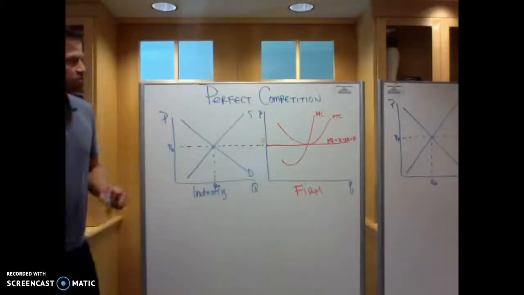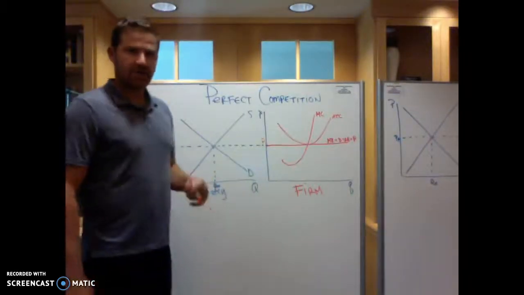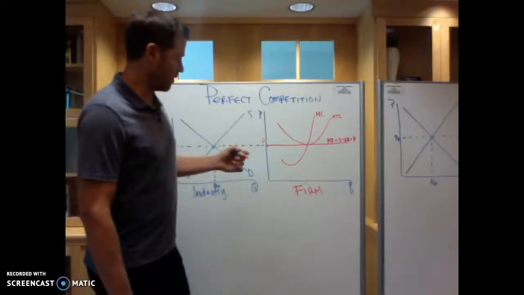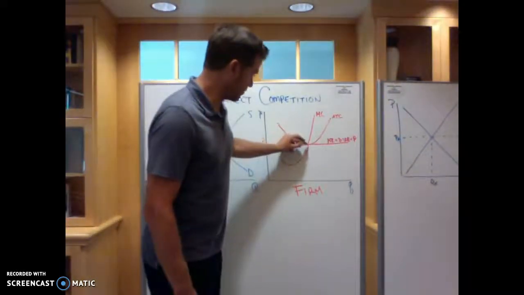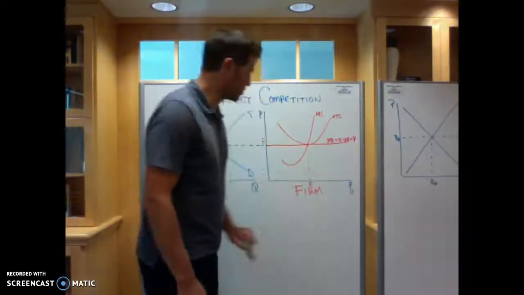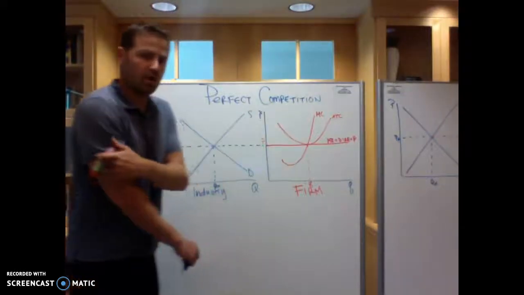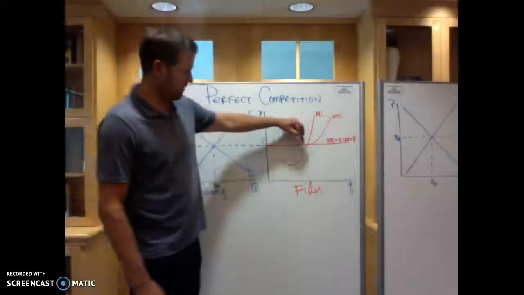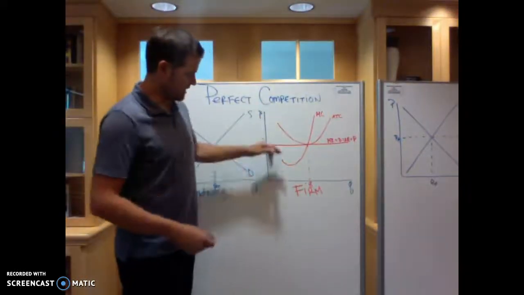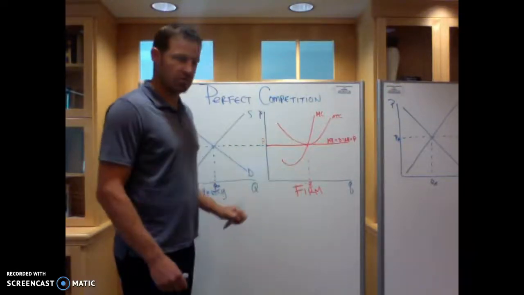Price. So this is long-run equilibrium because you can see that at the profit maximizing quantity, where MR equals MC, they're going to produce that much quantity, and they're going to make no economic profit because the revenue is going to equal their costs, right? Price times quantity, this box is revenue.